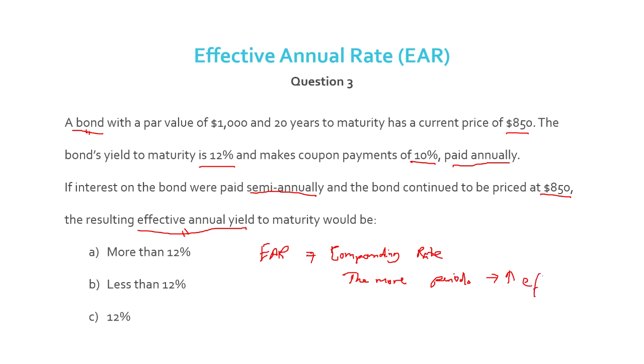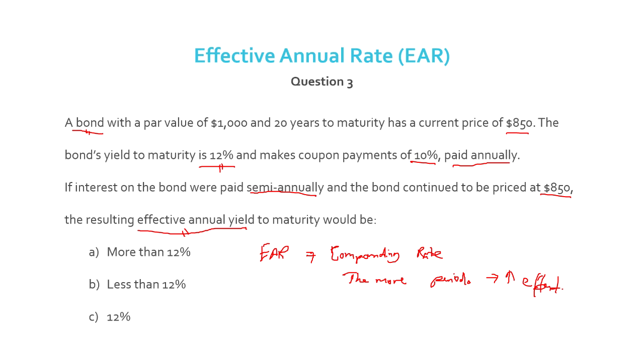So if our bond is still priced at $850, but our interest payments now are compounded semi-annually, we're actually going to get an effective annual rate that's greater than 12% because we're compounding more frequently than we were before.